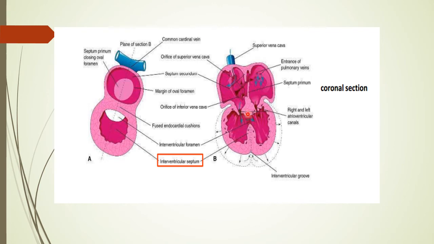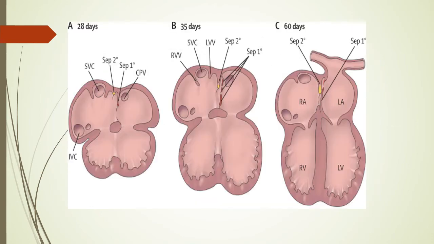But this is a temporary foramen. It will very soon be closed by tissue derived from the inferior endocardial cushion, the right bulbar ridge, and the left. So in this diagram, you can see septum musculaire appearing as an interventricular septum. The interventricular sulcus appears in the region where the interventricular septum is to be formed.